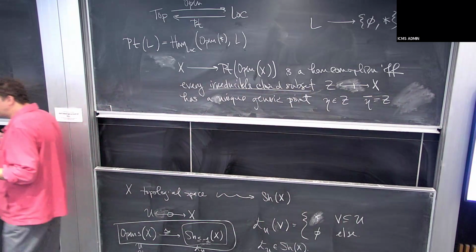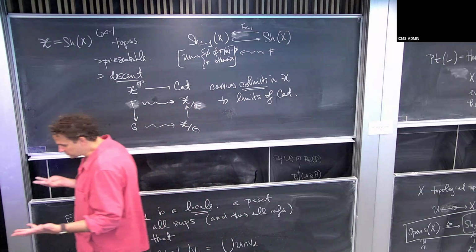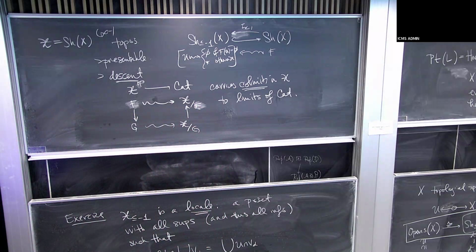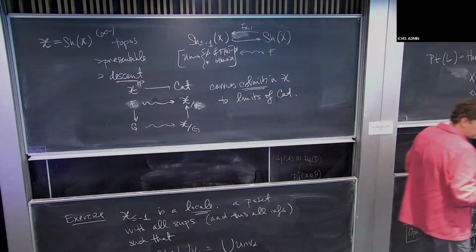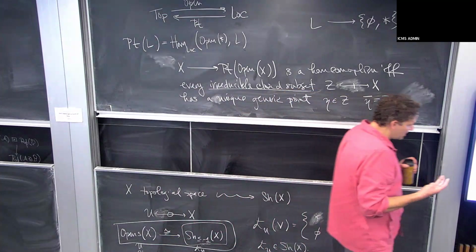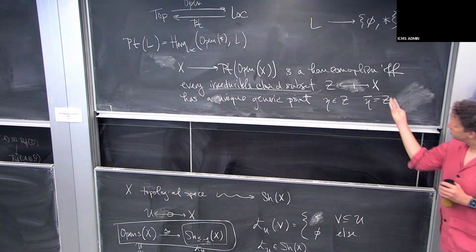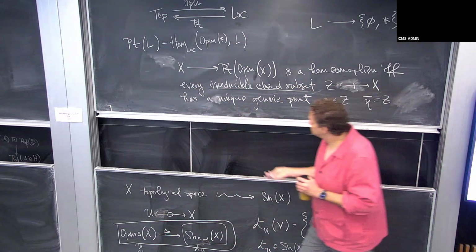So in the Hausdorff case, we're already done because the irreducible closed subsets of a Hausdorff space are just points, so nothing's really happening there. But this is more general. So this is the condition of sobriety.